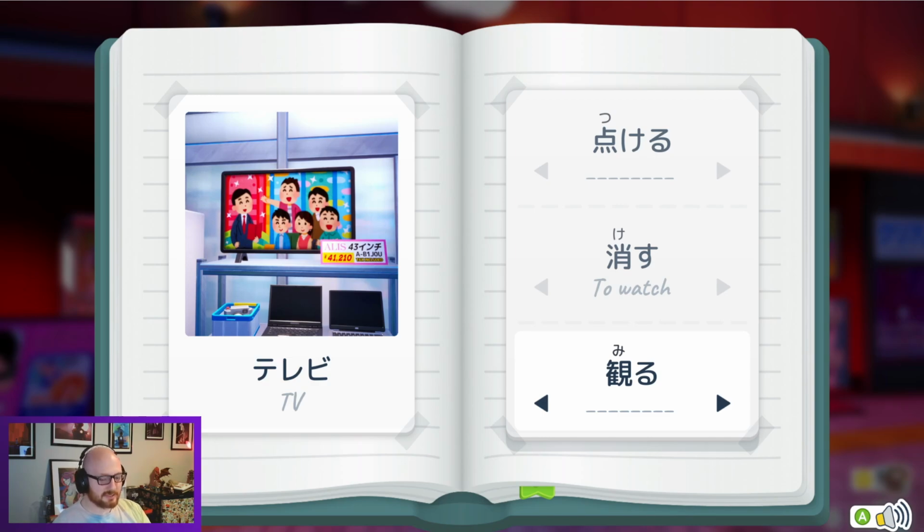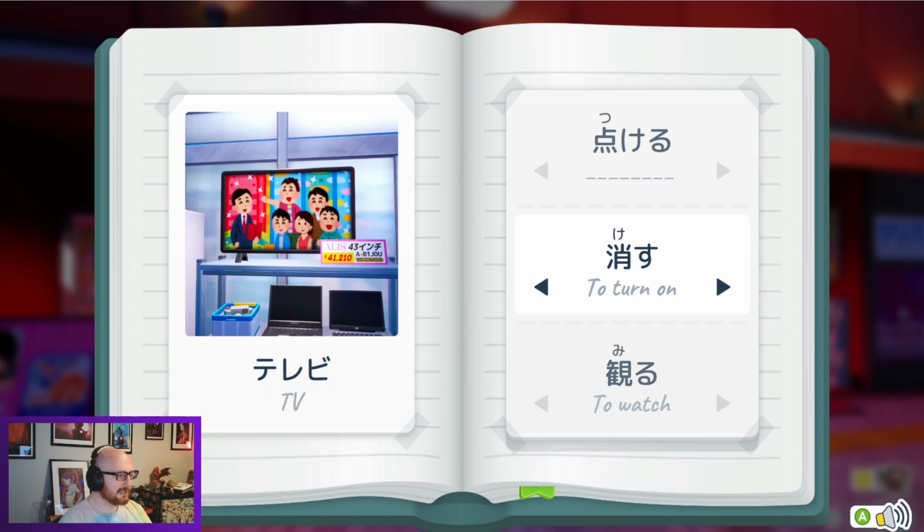But that would be to see at that point. So miru is to watch, miru is to see. And just slightly different kanji is all we're looking at right there. So this is to watch.